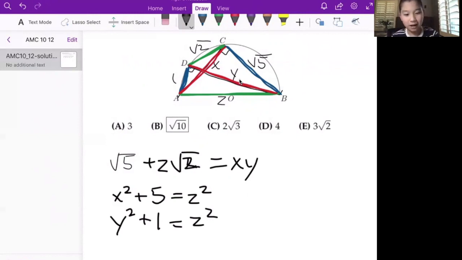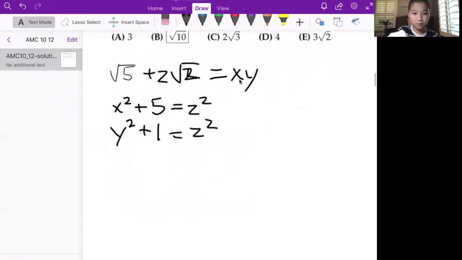So now, how do we do this? Well, let's think about it a little. There's an xy. Yeah, that's hard to get rid of. Xy, that's super hard to get rid of. And then there are those squared terms from the Pythagorean theorem. Let's see how we can use those squared terms.